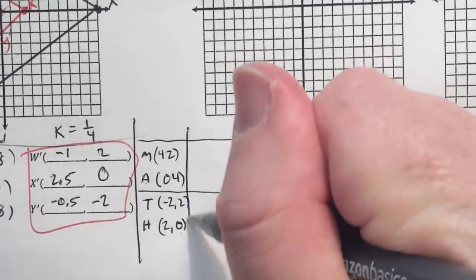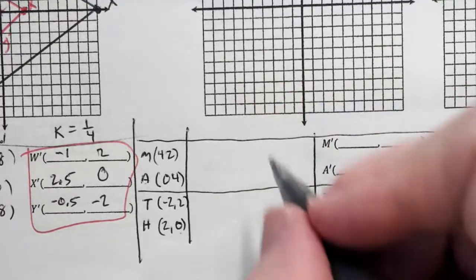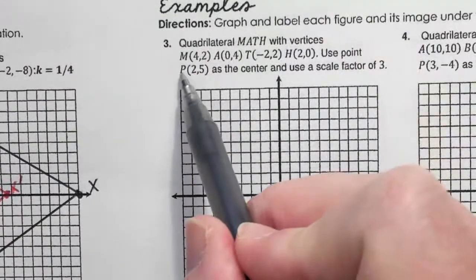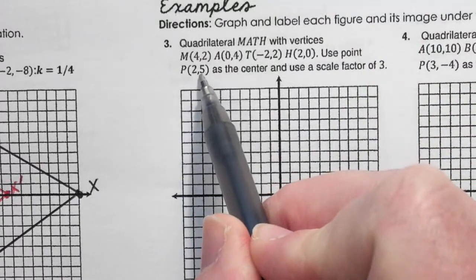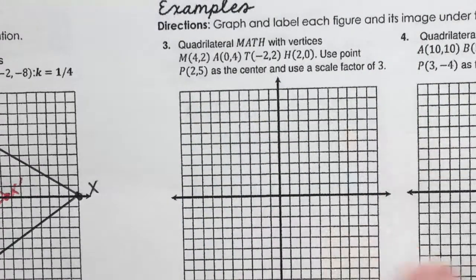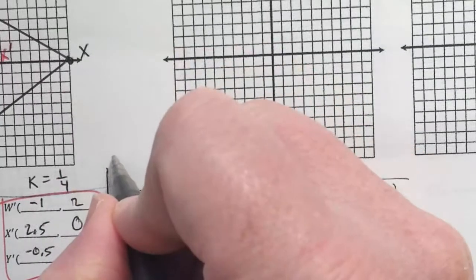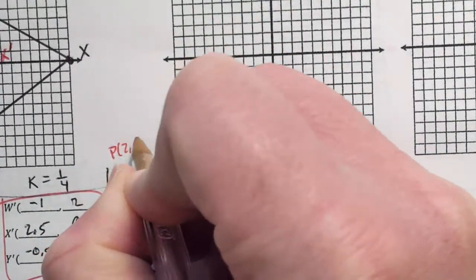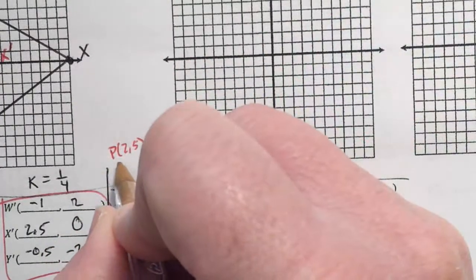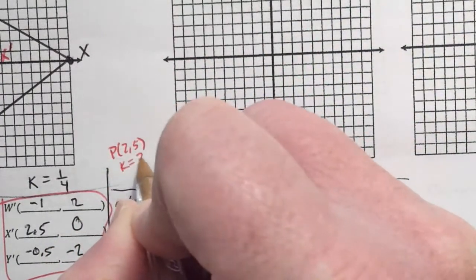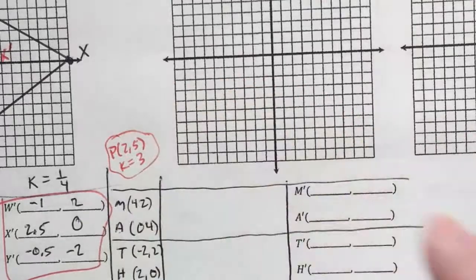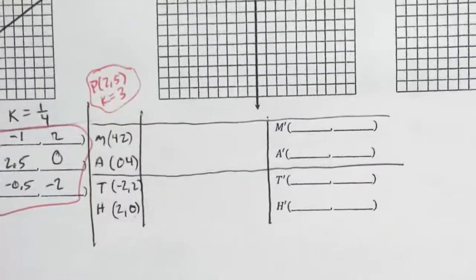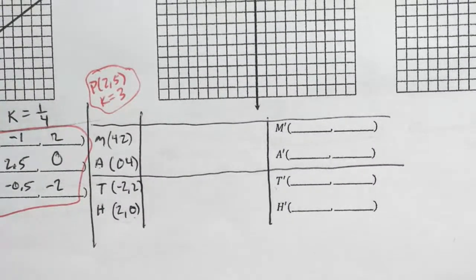All right, here we go. Now they said that we're going to go around this random point. So use point P, which was 2, 5, as your center. We're going to go around this random point 2, 5, and our scale factor is 3. Just bear with me on this one.